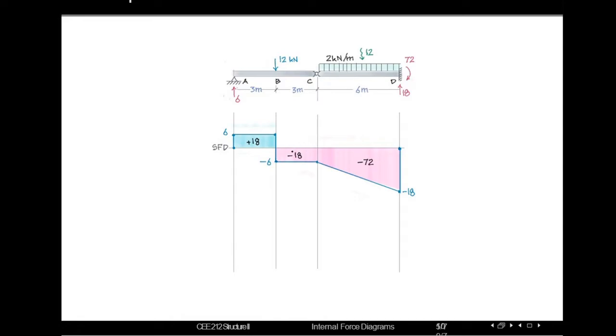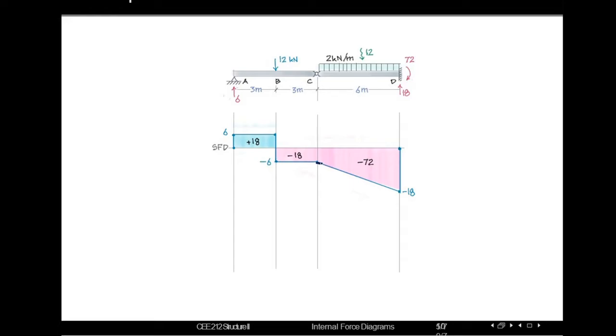We can calculate this area also, and here we can see a trapezoidal area, and we know the formula of a trapezoid, so we can easily calculate its area. Half into length between two equal sides and the summation of lengths of two sides. So from here we are getting the area is minus 72.